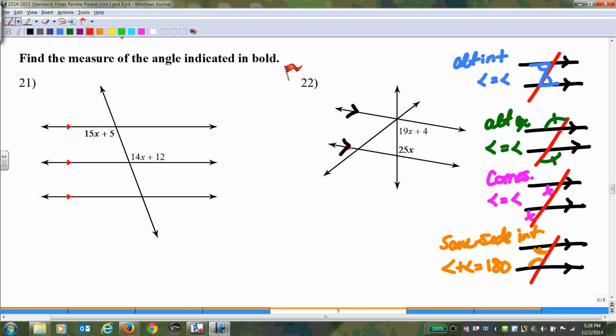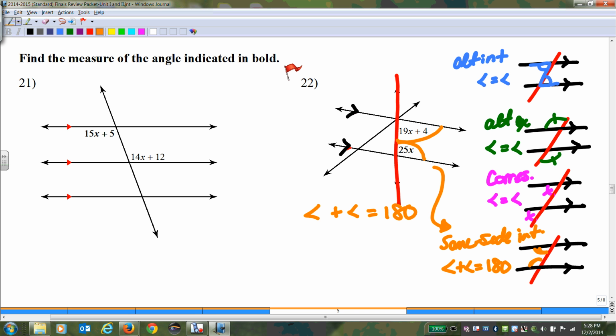So let's take a look here. Here's our stir stick. Let's sweep these. Now take a moment and put a check mark by the one that this matches up to. You should have recognized that this particular one is same side interior. So this one's going to be angle plus angle equals 180.